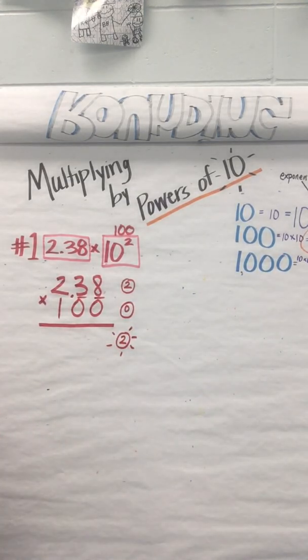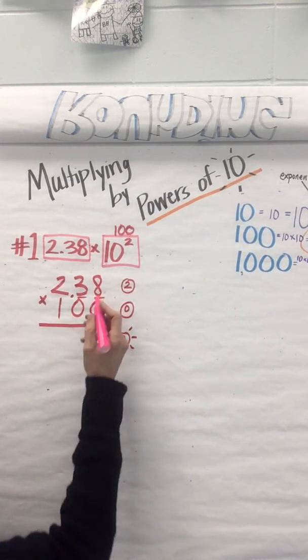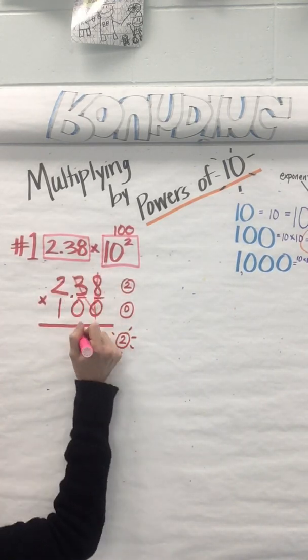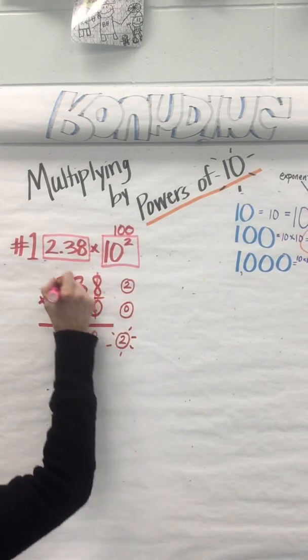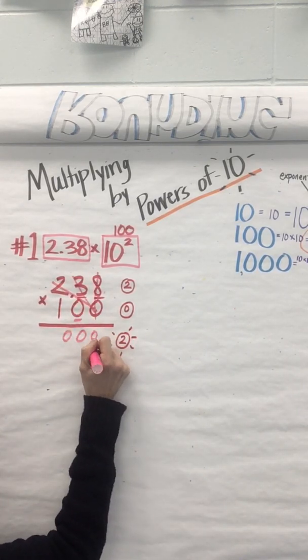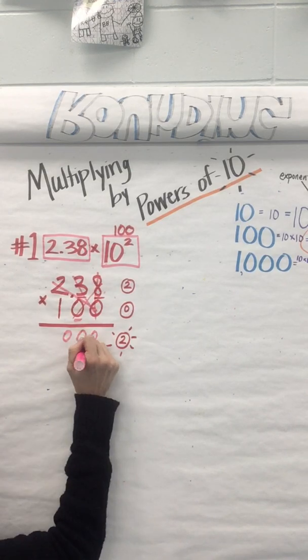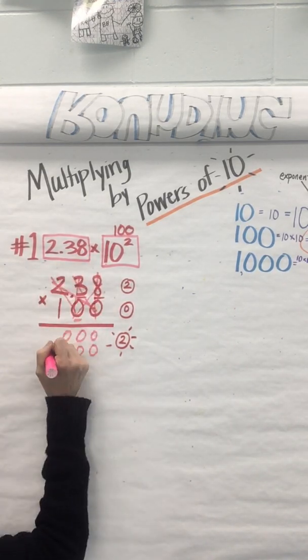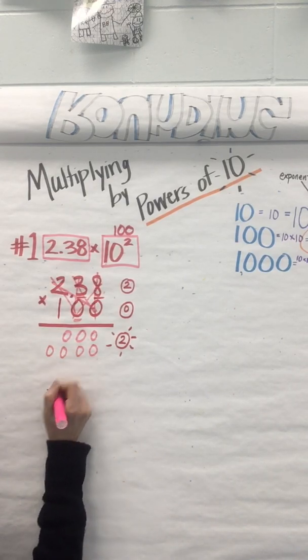I'm going to have to put 2 places after the decimal. Now I'm going to ignore my decimal and solve. 0 times 8 is 0, 0 times 3, well, I like this, 0, 0 times 2 is 0. That was easy. Placeholder 0. 0 times 8 is 0, 0 times 3 is 0, 0 times 2 is 0, okay.